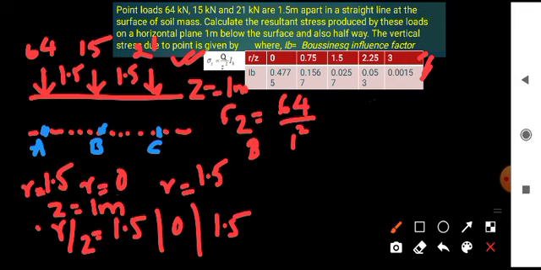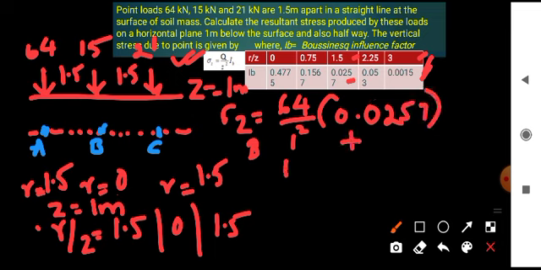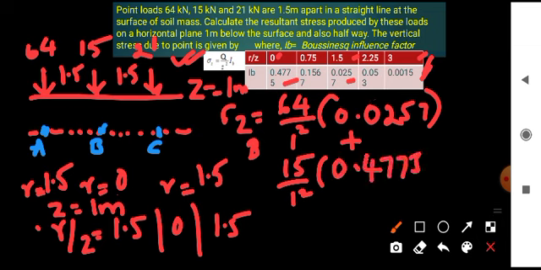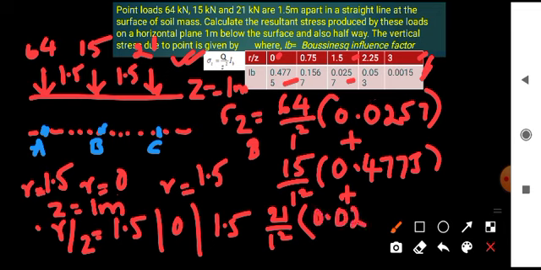So 64 divided by 1 square into the Bose-Einstein influence factor we have to select now for this condition. For the first one, 1.5 is there, so 0.0257 we have to consider, plus 15 divided by 1 square into, again 0 for the second one, so 0.4775. Then the last one is plus 21 divided by 1 square into, again 1.5 we have to consider here, so 0.0257.